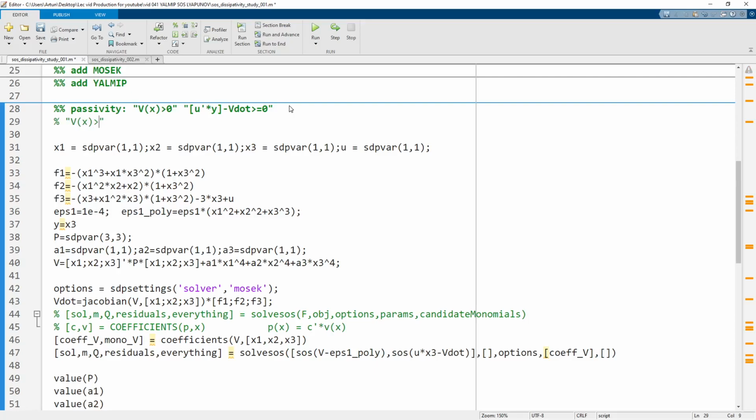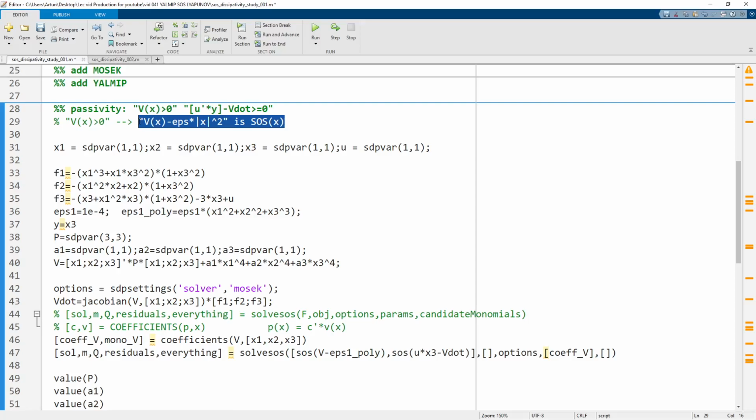V of x being positive, we often change this constraint by saying V of x minus epsilon times, I should be more detailed, is SOS in x.